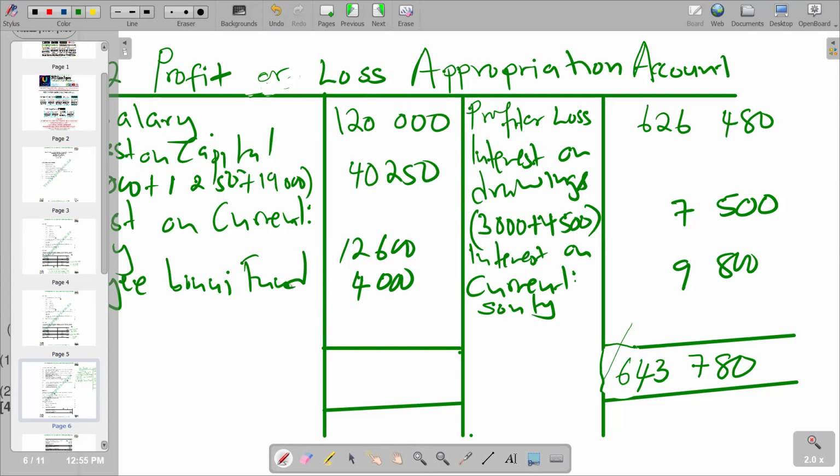So we are going to put it on both sides, 643,780. And then if you add the total of the debit side, you are going to see that it's going to be 176,000.